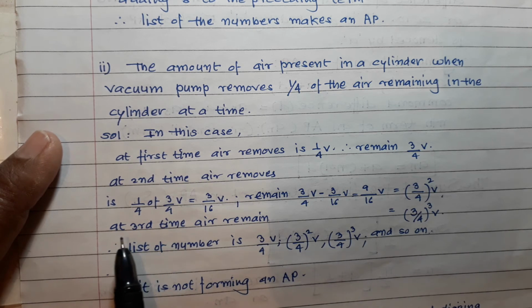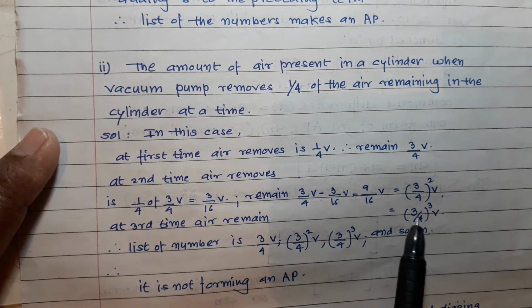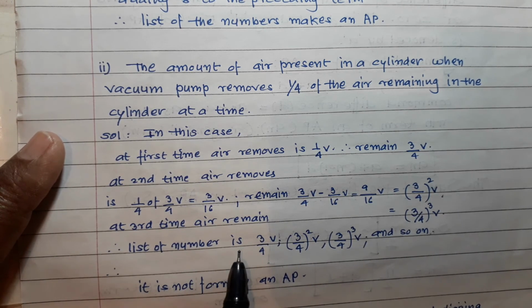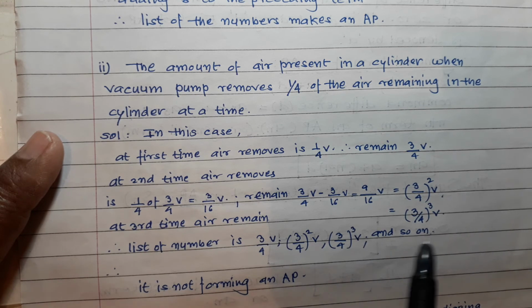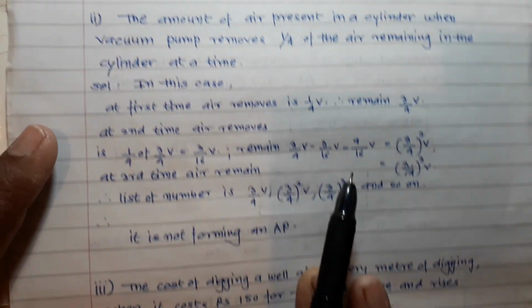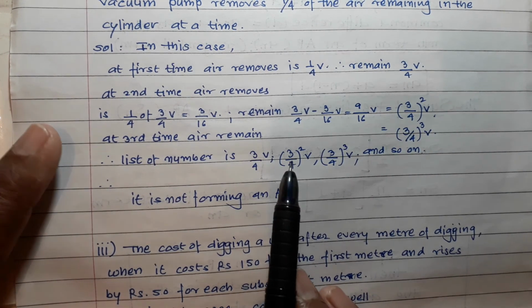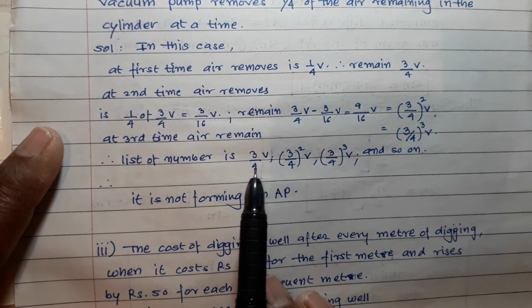So at the third time the air remaining is, by observation, (3 upon 4) cube V. So the list of numbers is (3 upon 4)V, (3 upon 4) square V, (3 upon 4) cube V, and so on. So it is not forming an AP, because you cannot get each term by adding some fixed number.